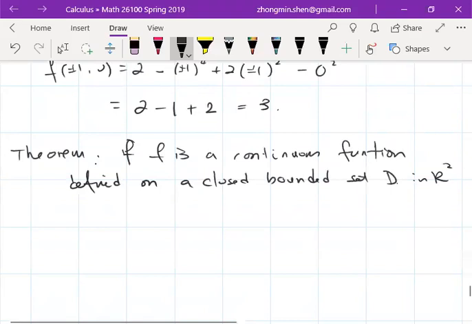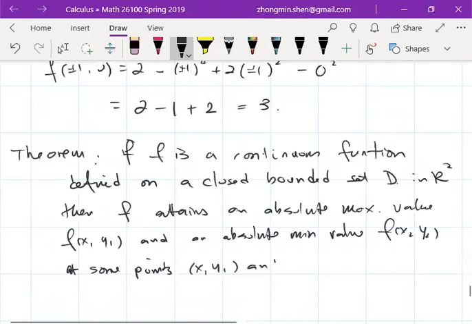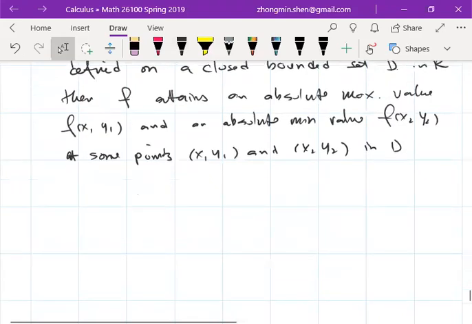Then the function attains an absolute maximum value somewhere, and an absolute minimum value, at some point in the set D. So that means we don't have time to do exercises today.